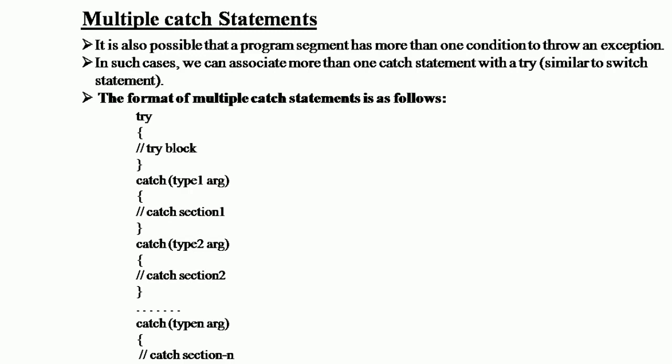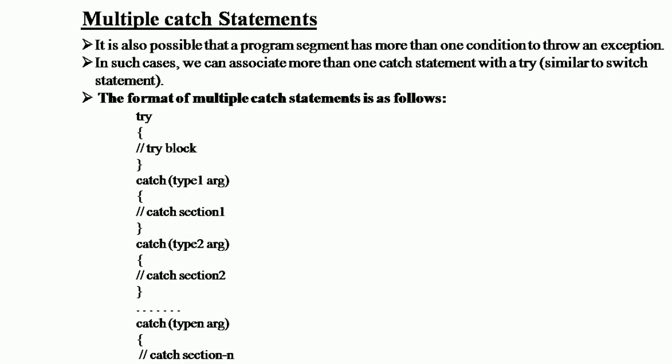Try, curly braces started, try block, try block closed. Catch type 1 argument, catch block started, catch section 1, catch block closed.